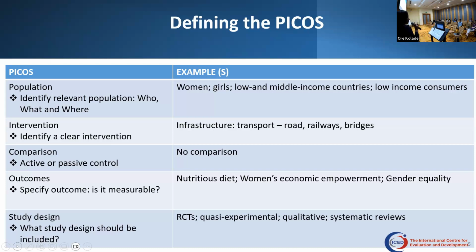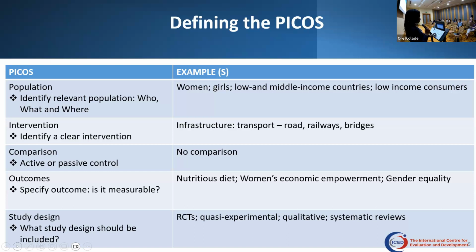The P is for population, and so here you're looking at what relevant population do you want to research on? So who? Are you interested in looking at women, girls, and then based on geographic locations, do you want to do only low and middle income countries, sub-Saharan Africa, so what have you? And then you come to the I. The I is for intervention.